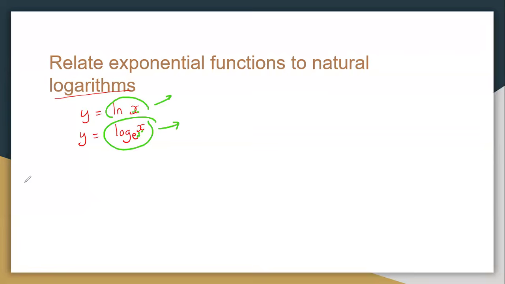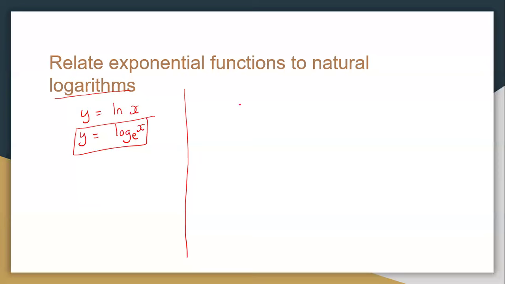Now, how can I relate? If I'm to relate, I know I want to write this statement here in a format of this nature, whereby I'm going to write log e of x is equal to y. It is the same thing.